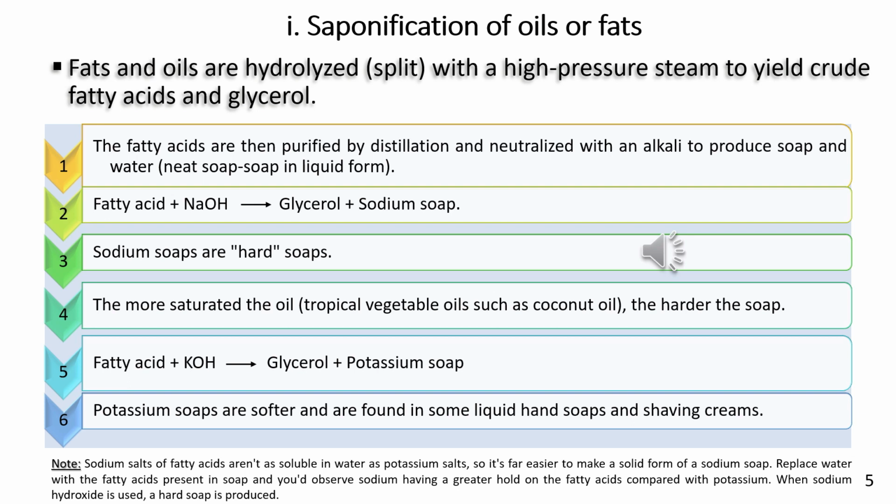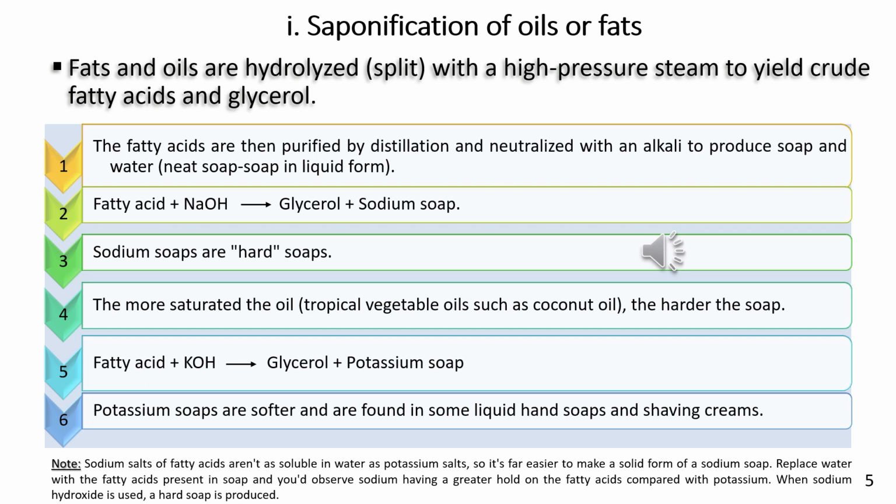When we replace water with the fatty acid that is present in soap, you will observe that the sodium soap has a greater hold on the fatty acid as compared to potassium soap. So the issue is resolved by placing a soap in which a fatty acid is present.